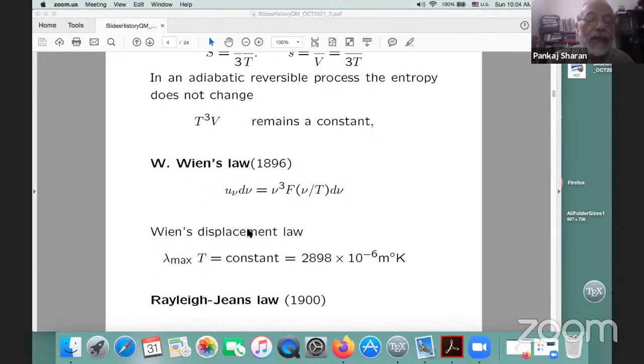you consider radiation inside a cavity, with one of the reflecting walls being brought down or compressing the radiation inside, and doing it very slowly so that at every stage the radiation is in thermal equilibrium.